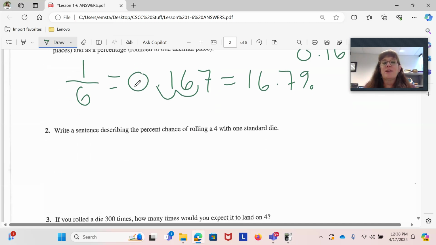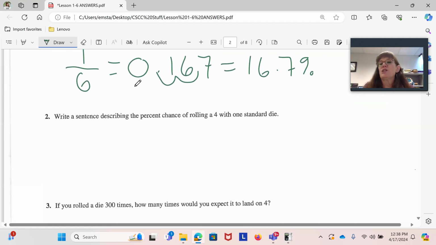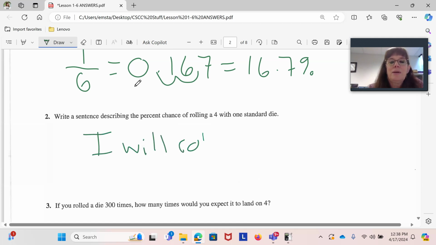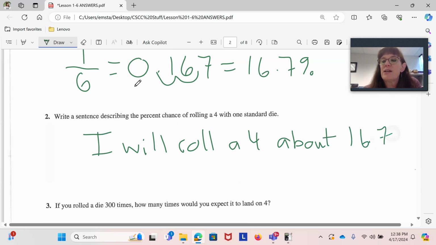Number 2 wants us to write a sentence describing the percent chance of rolling a 4 with 1 standard die. I would say, I will roll a 4 about 16.7% of the time.